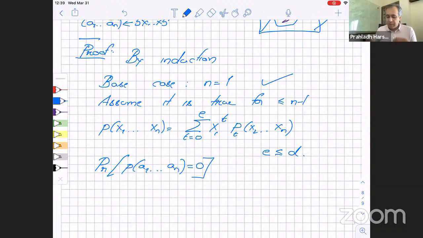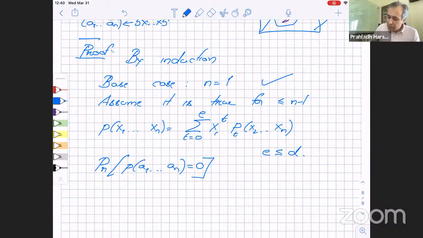I'm going to do this by picking A1, A2, An in 2 steps. First, I'll pick A2 to An. It might so happen that once you pick A2 to An, this polynomial already vanishes. It becomes a 0 polynomial. That is, all the P_t as t goes from 0 to e vanish, in which case you can't do anything. No matter which A1 you pick, this is going to be 0. In particular, P_e should also vanish.